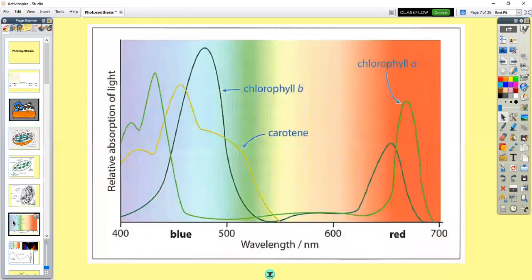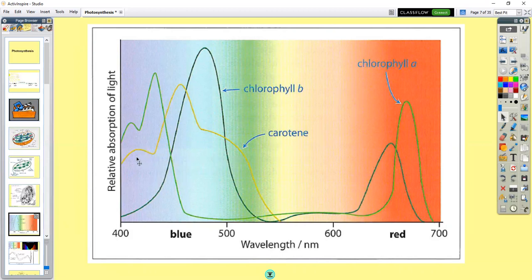Then we talk about the absorption spectrum. Okay, so this is different wavelengths of light that are absorbed by the pigments, which are found within chloroplasts. Now, up to GCSE, you'd normally talk about chlorophyll. You've got different types of chlorophyll. You've also got carotene, which is shown here. You've got xanthophylls as well as another example, which it doesn't show. But there are different pigments which absorb different wavelengths of light.